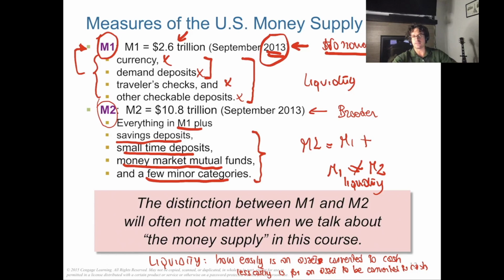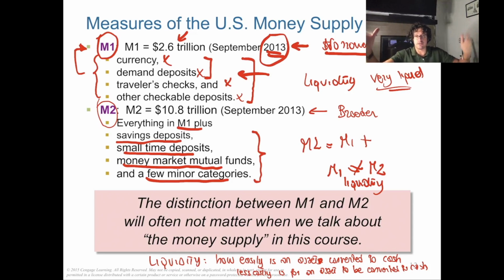And other checkable deposits means you have a prepaid card, you swipe it, the money is already there, and as long as it is accepted, you can use it for making transactions. So these are super liquid assets. M1, super liquid, very liquid. Then you move to M2, where you have M1.